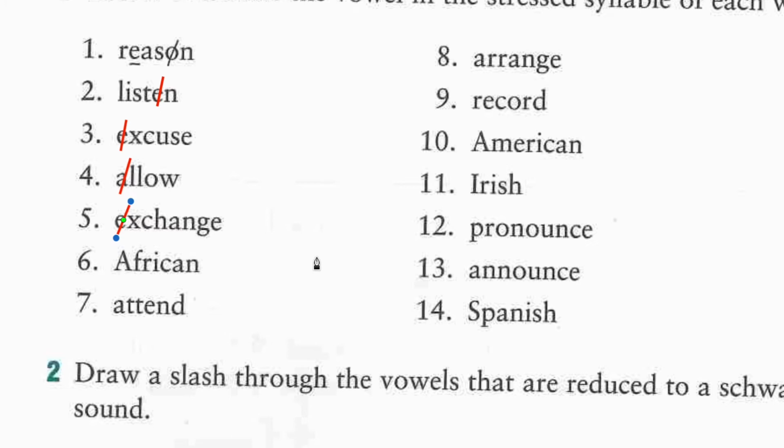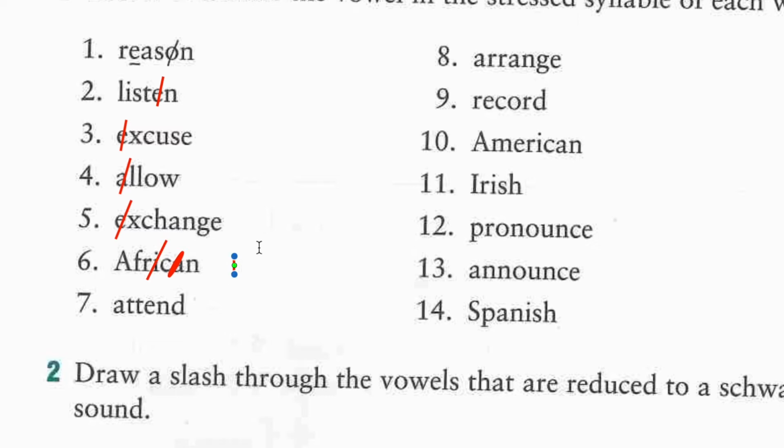Number 6. African. Now for this particular word, we definitely hear it in the last syllable there, but it is also possible that people can use the schwa here too. Some people may represent it though by the simple I sound.